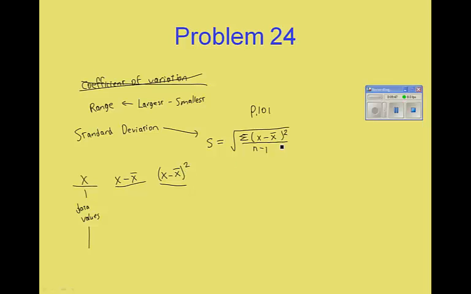So what am I supposed to do next after I have all these x minus x bar squareds? Well, before I divide, there's one more symbol up here. I have to add them all up. Yeah. You had a question, I'm sorry. It means what we want is the total here. We want the total.